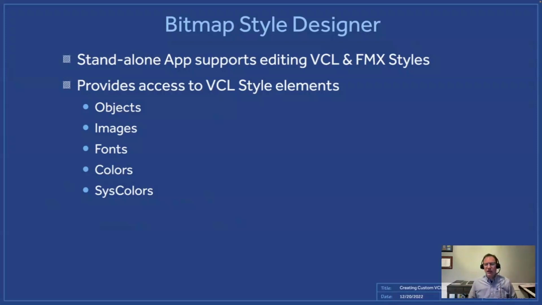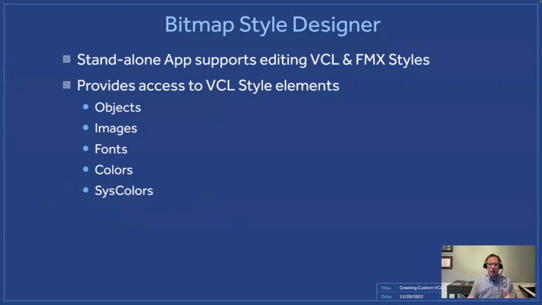And then additionally, we have fonts, colors, and system colors, which are all extra definitions. They're all really color values of how a particular element looks, because it's one thing to have the source images present how the control looks, but a lot of times programmatically we need to understand what that color should be.